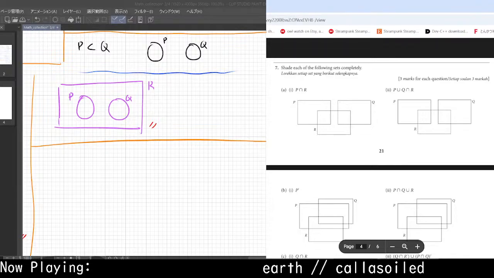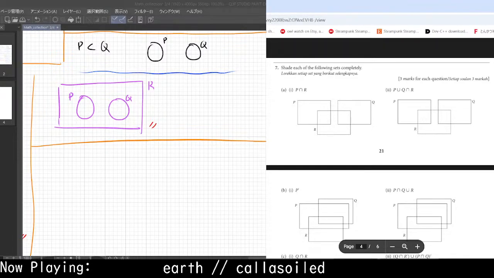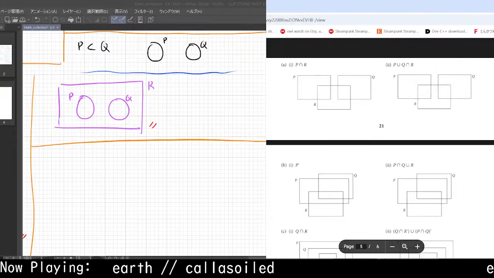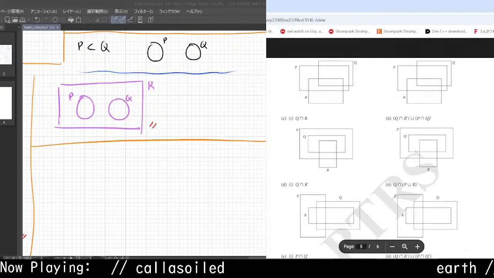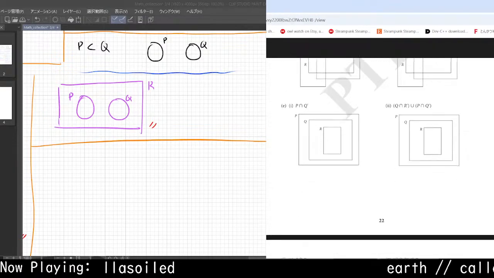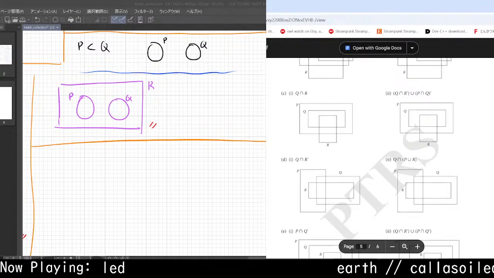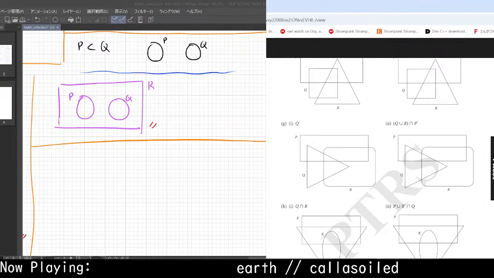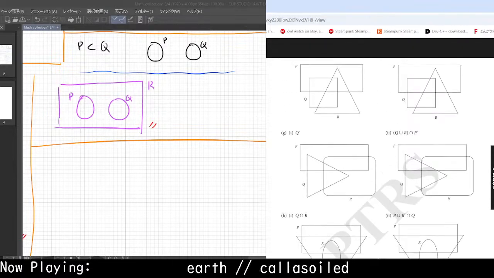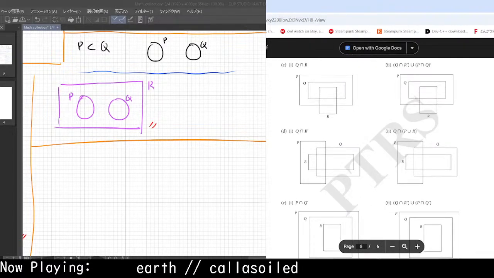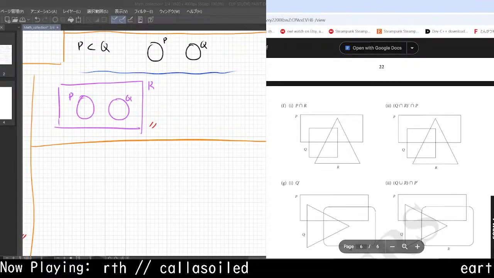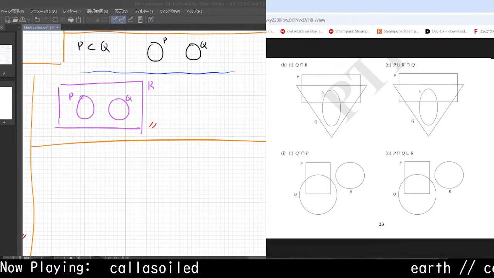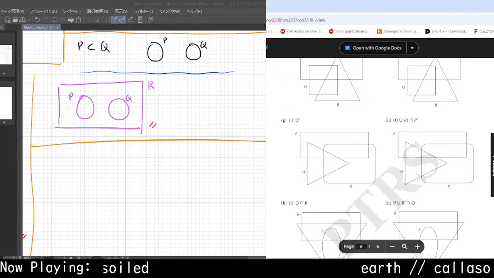Okay, question 7, this one is just more like practice for you to know how to shade. Let's go through some more involved ones. The others I believe should be fine.